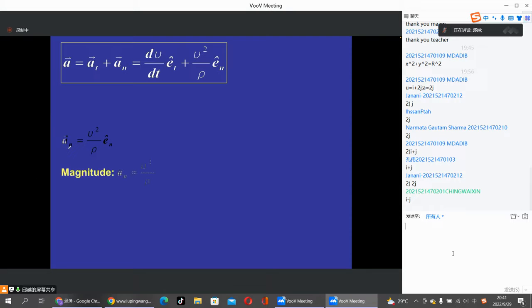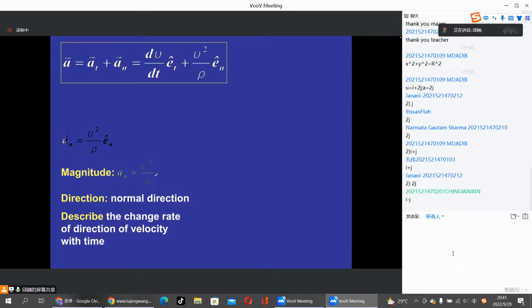For an, an is the normal part of the whole acceleration, and it has a magnitude of v squared over rho. And the direction is always normal to the tangential direction, and it describes the change rate of the direction of velocity with time.